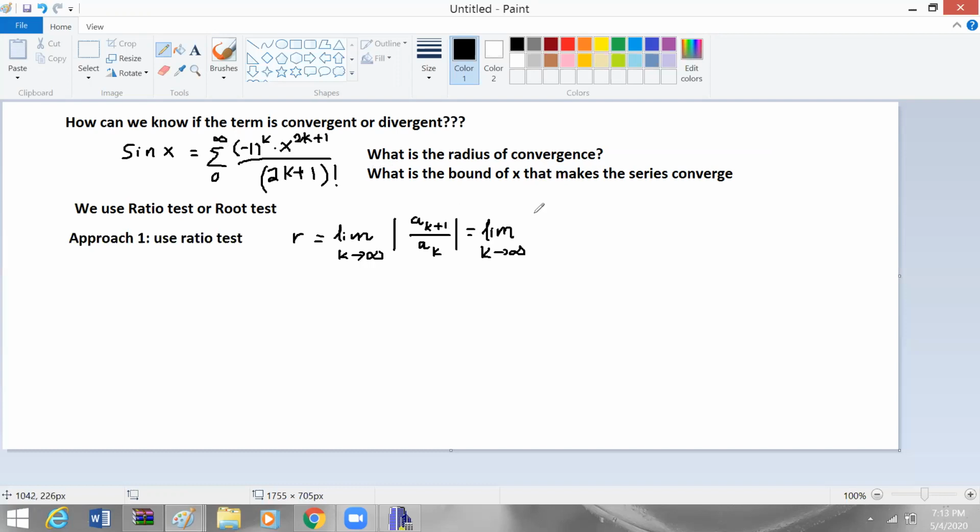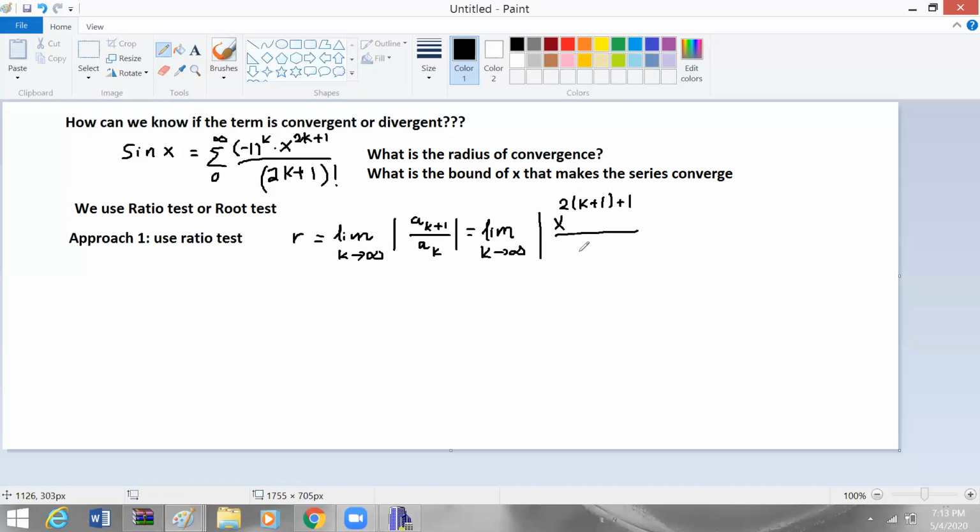I'm going to rewrite the term x to the 2k plus 1: I just replace k by k plus 1, using the ratio test.